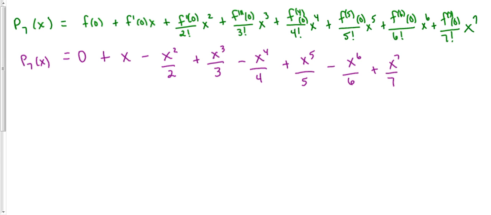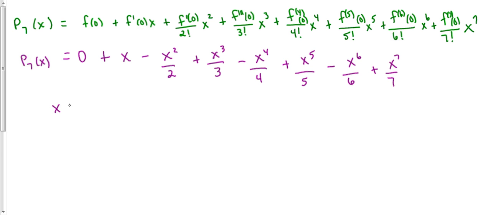Now, let's talk about how we're going to use graphs to help us solve this. The hint here is how to set up your graphing window. And remember, we're looking for the Taylor polynomial that's going to be good enough. So we're going to want to take that difference between our different orders of Taylor polynomials and the actual function.